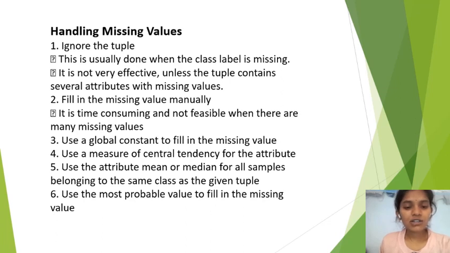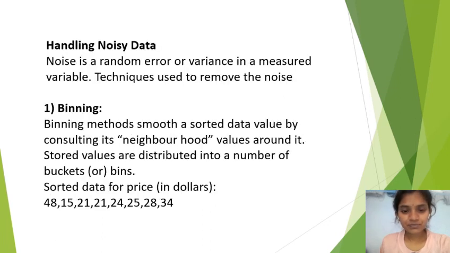It is time consuming and not feasible when there are many missing values. Use a global constant to fill the missing values, and use a measure of central tendency for the attribute. That means mean, mode, median, etc. Use the attribute mean or median for all samples belonging to the same class as the given tuple. And the sixth point is use the most probable value to fill the missing values.